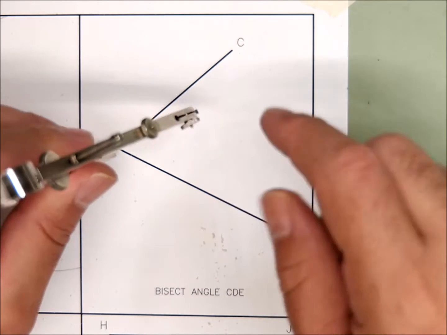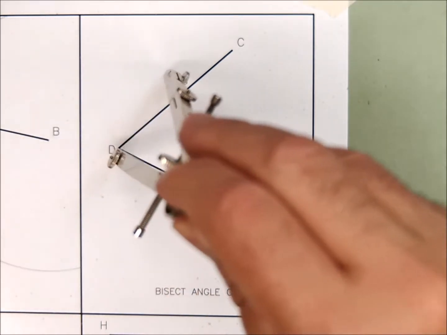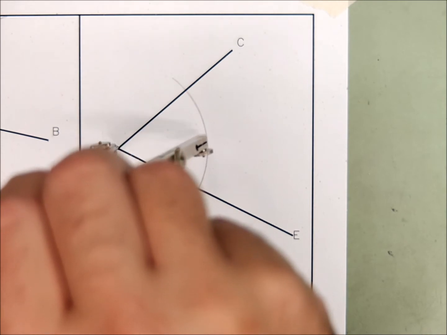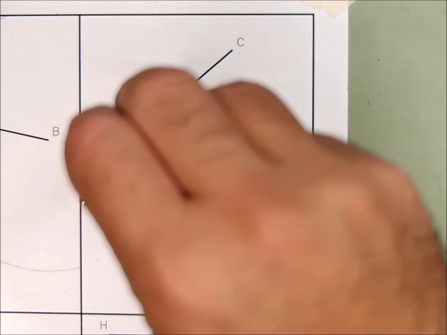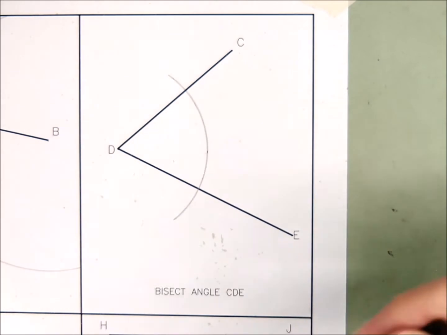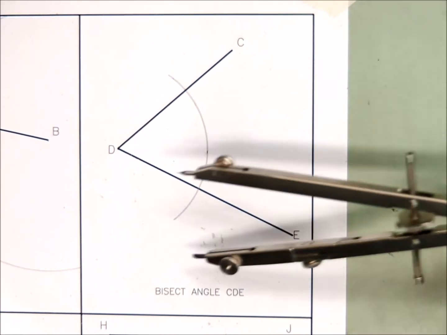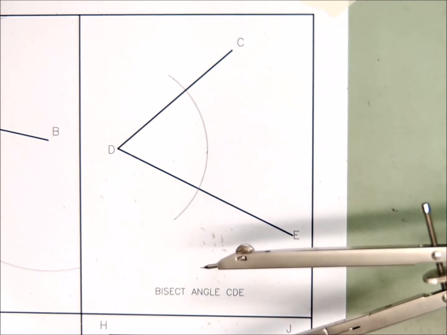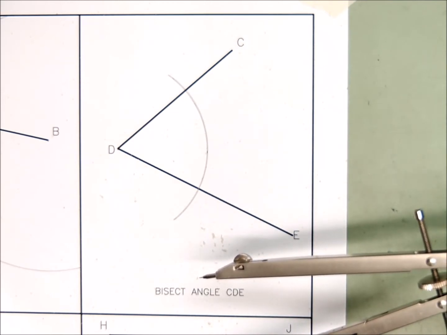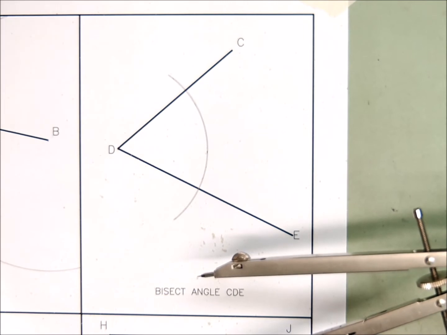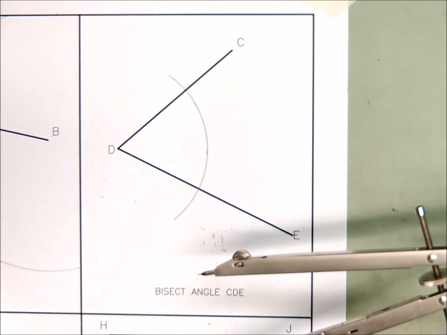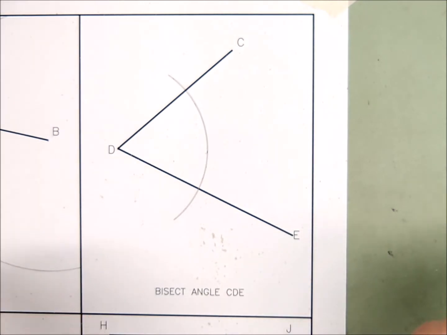I'd maybe shoot for about halfway. Okay, and you're going to make an arc from point D across the two lines. Now before, we made two arcs that look like a little football. This is going to involve an extra step. So here's our first arc.